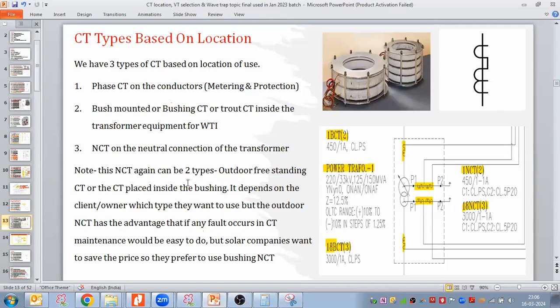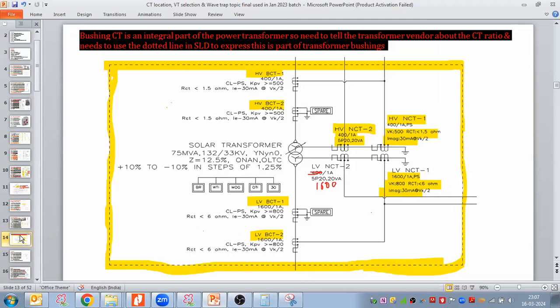That's why I said it depends on the client's choice, whether they are ready to take a higher outage, or they are ready to pay in the beginning and want to place it outdoor. Those are the two types available. Based on the client's concerns, we decide what kind of CT they are looking for.